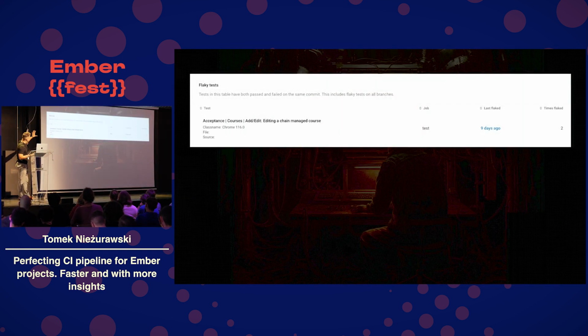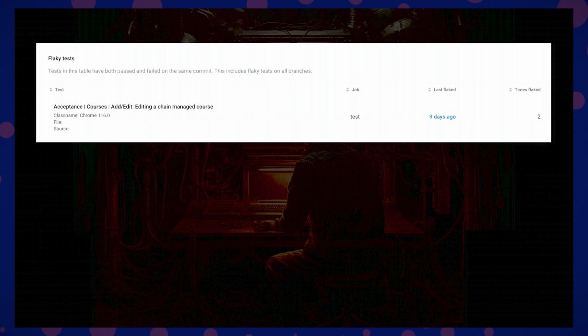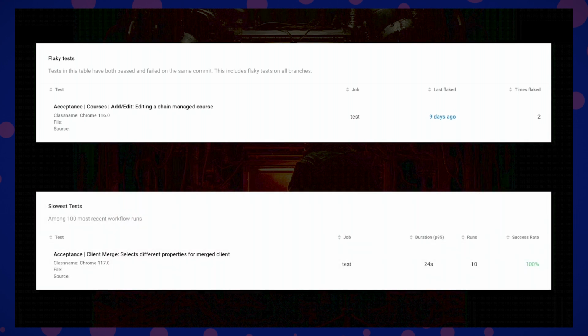So we can then examine flaky tests. I remember this flaky test is using math random inside, so probably that's because of that. And we also have the slowest test. We can examine it if anything weird is happening there.